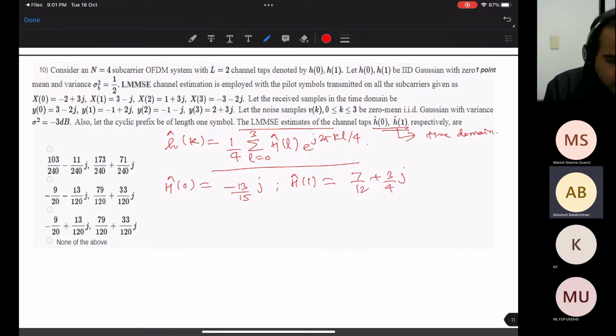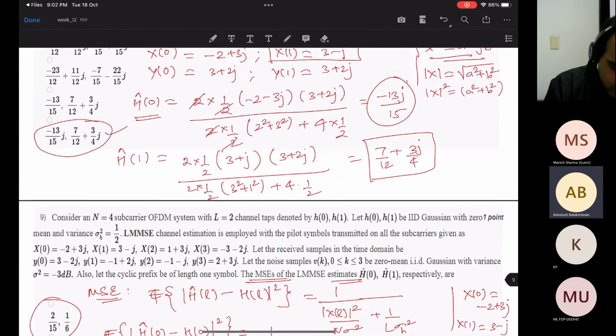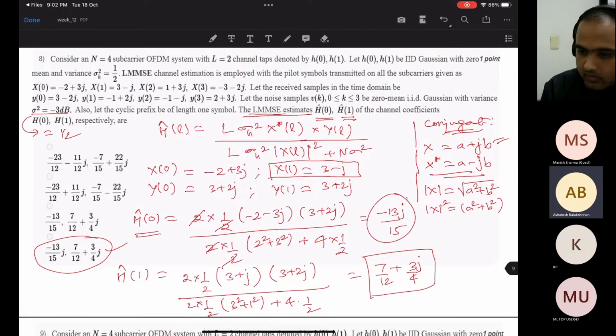So what do we need? We need h hat 2 and h hat 3. We need to compute them also. So this is the process to find out h hat L. You need to first use this formula of h hat L to compute each h hat L, and then you need to find the time domain small h hat L.